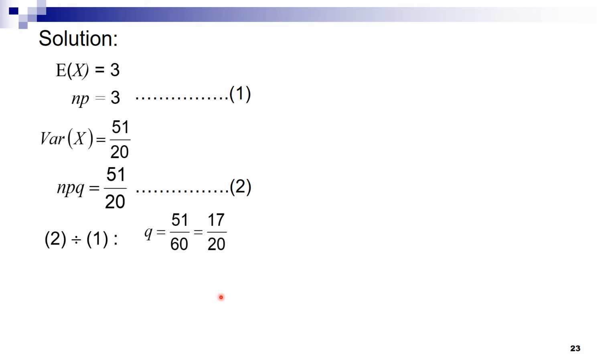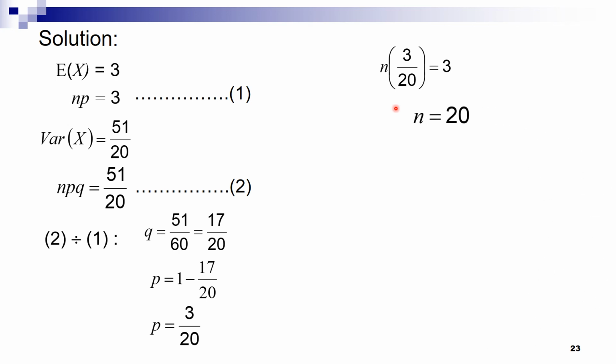To get the value of p, it is just 1 minus q, which is 3/20. So now you have the values of p and q. To find the value of n, we substitute p into the first equation. n times 3/20 is 3. Evaluating, the value of n is 20.